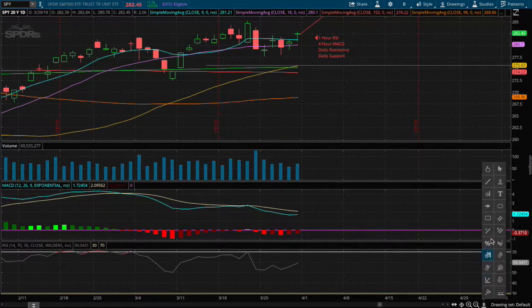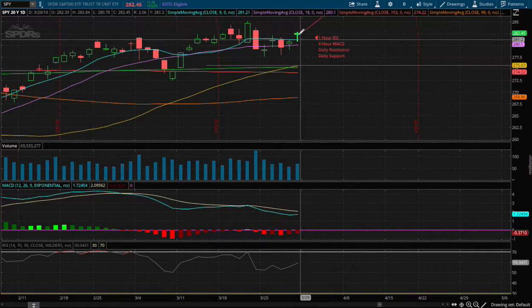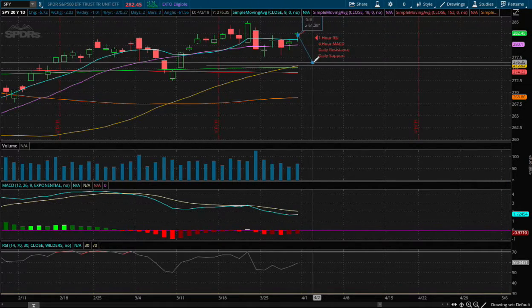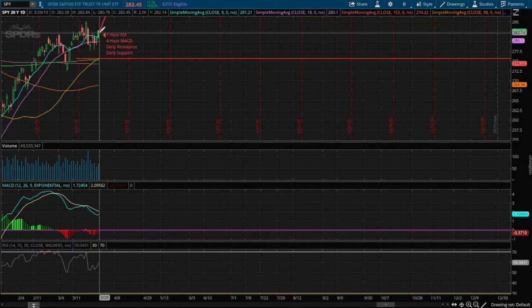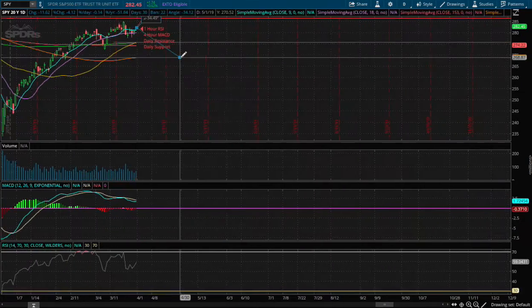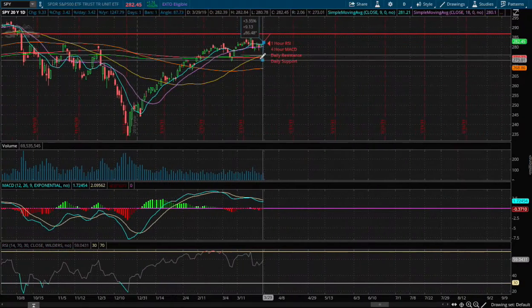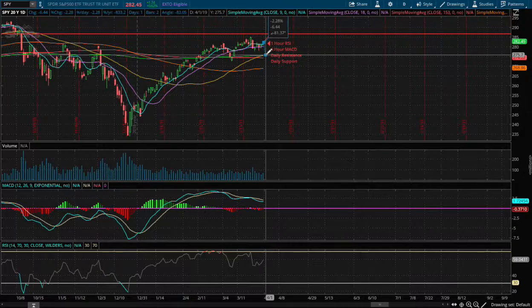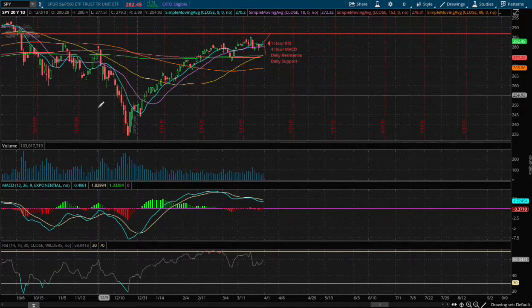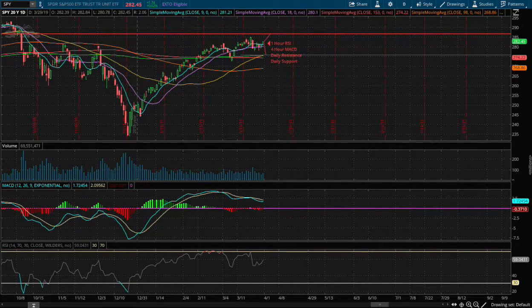So from now to then, this price movement is roughly 2% down. And let's check the next module.